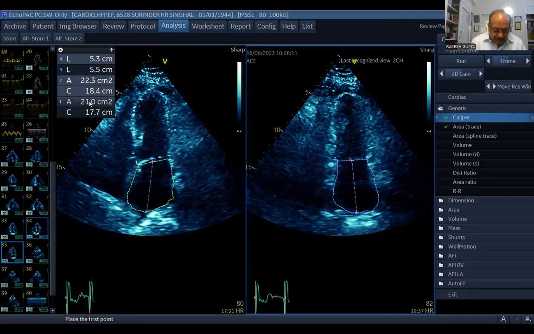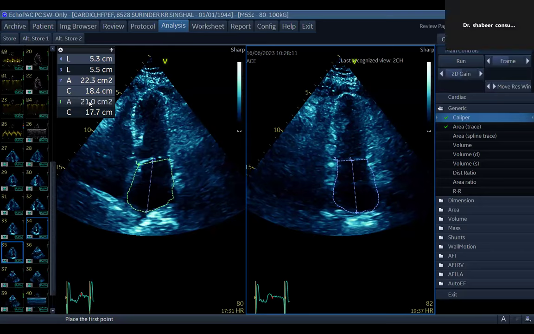Let's calculate. 0.85 is a constant, sir. 21 into 22.3 is about 398, divided by 5.3. So my LA volume is 75 ml as an absolute value.